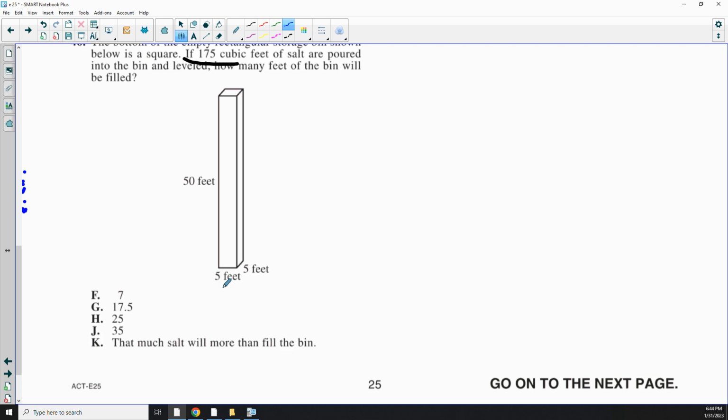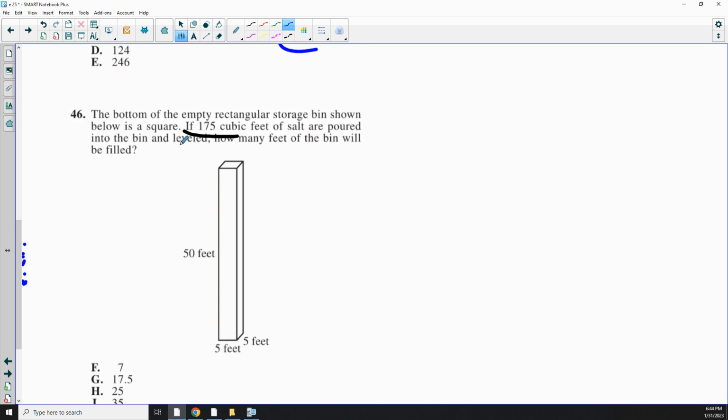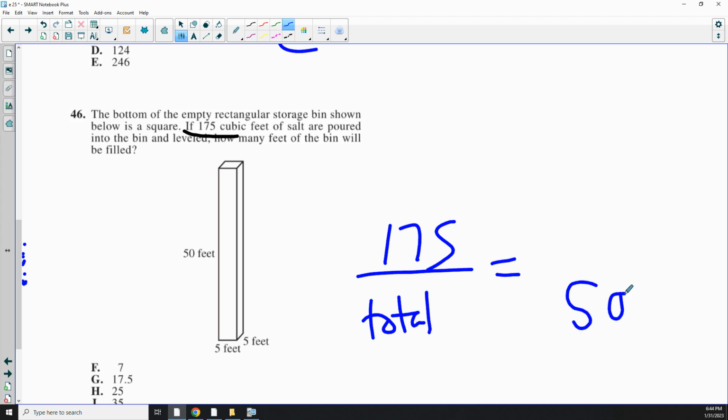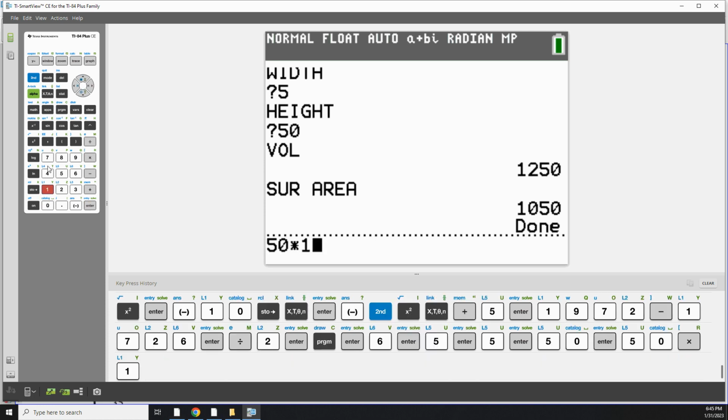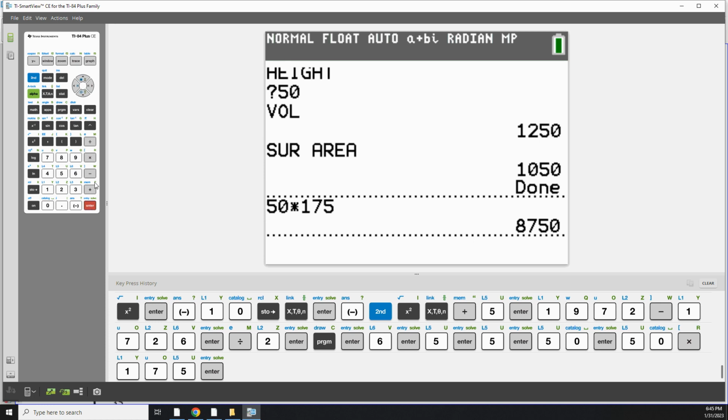So how many feet of the bin would be filled? 175 would be what portion of the total volume? And 50 is the total height, so it would be x. So it would be 50 times 175 divided by 1250.